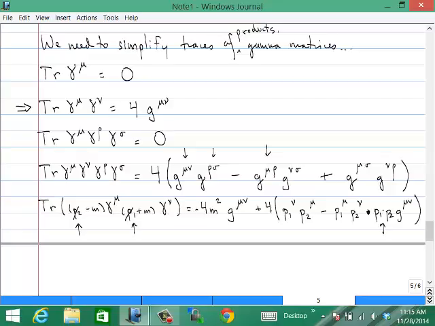So that gets a minus sign. And this term gets a plus sign. Sorry, I was doing it in the wrong order. So in this term, the first and the third index get contracted, so that gives you a P1 dot P2, and then you had a g mu nu. And then in this last term, the first and the fourth indices get contracted.